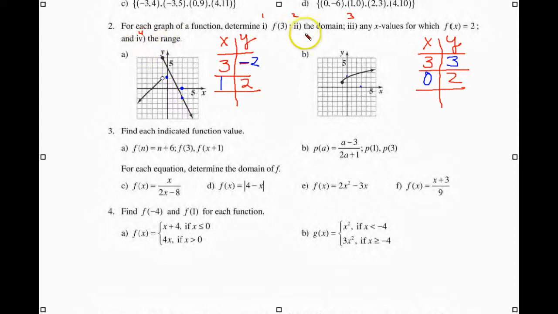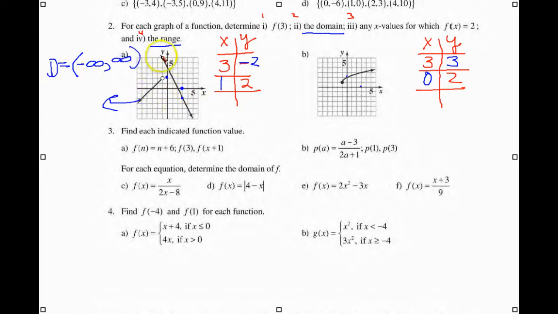And it wants to know the domain of the graph and the range of the graph. Okay, so let's look at the first one for its domain. Now, domain are x values. So this, in a sense, goes all the way out to negative infinity for its x values. So this is going to be from negative infinity, and this goes out this way too to positive infinity. So that's our domain.